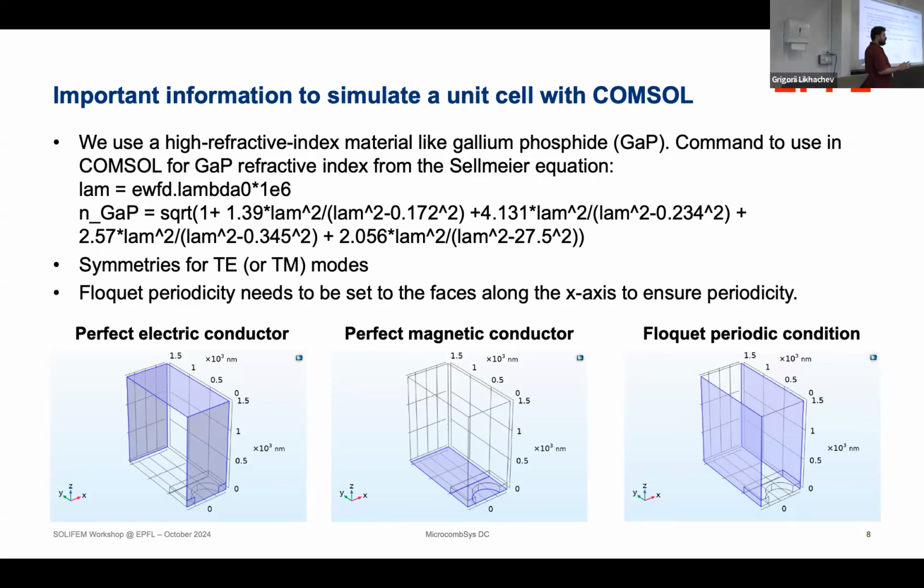But if you ensure that there is periodicity in this direction, that means that you're saying whatever is on this side is also what's on this side. So that means that you are making an infinite amount of these exact unit cells one after the other. So of course, with this, you'll get a band gap and everything.